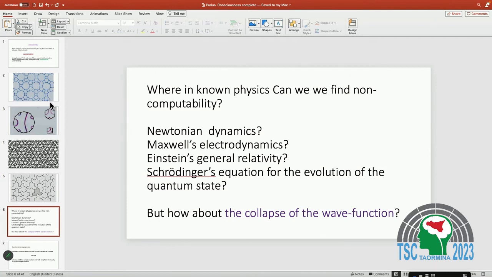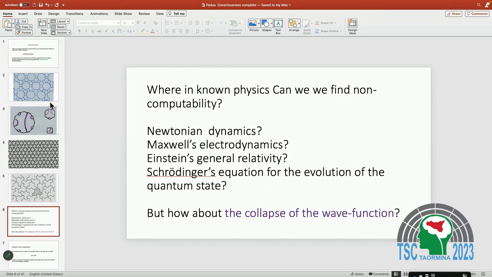What about the Schrödinger equation for the evolution of the quantum state? Again, there is a very deterministic and evolutionary computational equation, with again a slight issue about being able to approximate the continuum with discrete calculations, but that doesn't seem to be the issue.